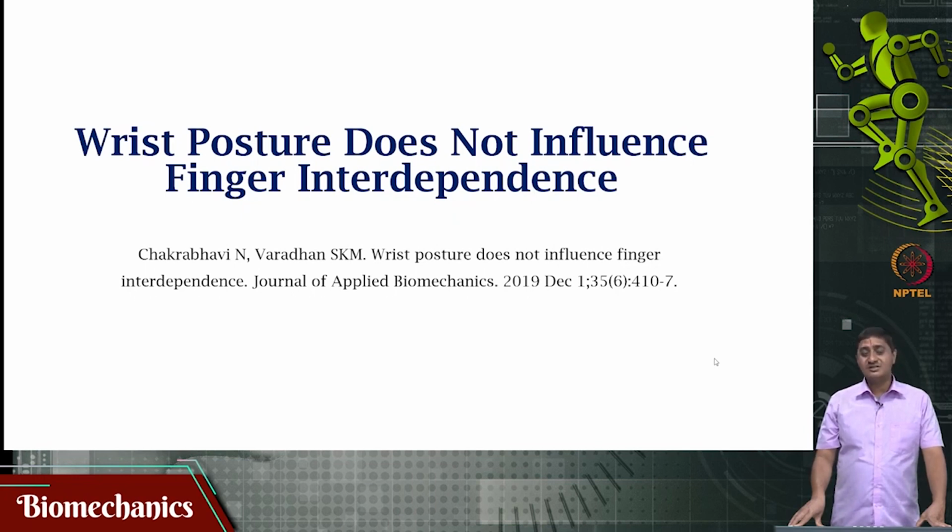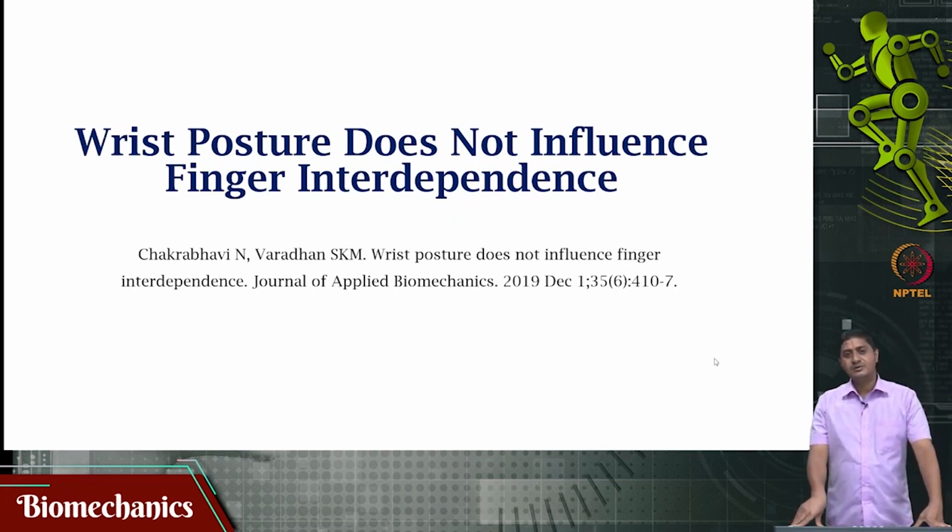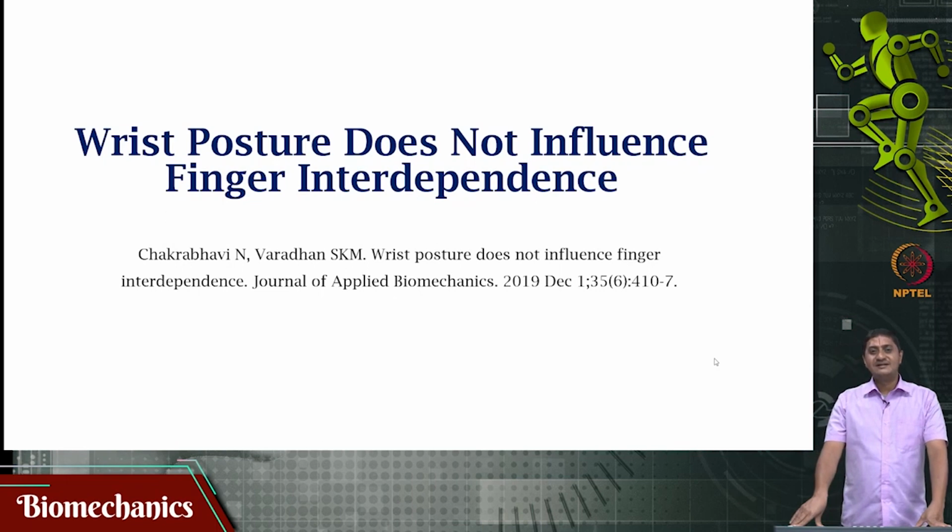Then we also looked at the experimental approach, the data analysis approach and the statistical methods that we used for performing this study. In this video, we will be discussing the results, the discussion or interpretation, and the implications of this study for human hand biomechanics and motor control.